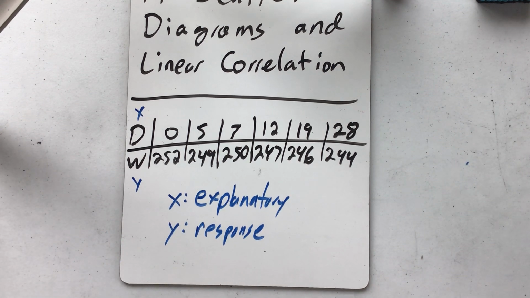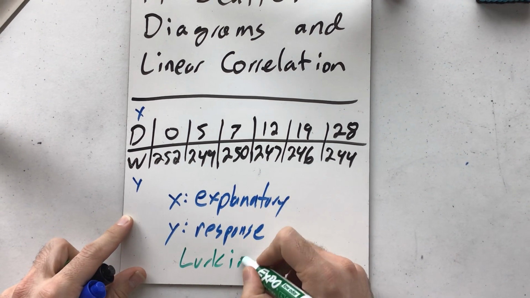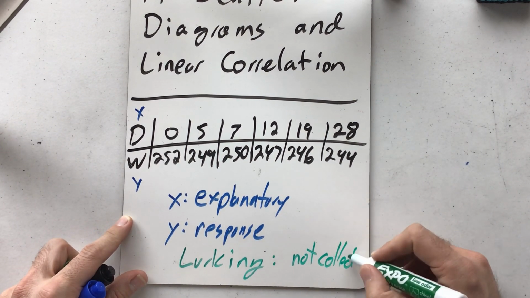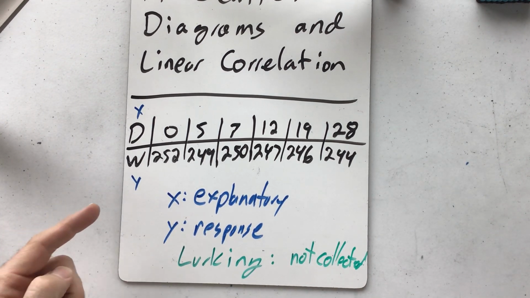Additionally, we mentioned this earlier in the semester, but it's always good to keep in mind that there could be other variables going on. So there could be a lurking variable, which is a variable that's not collected. So why is this person losing weight? Well, it could be that the diet is working and that's helping them lose weight.